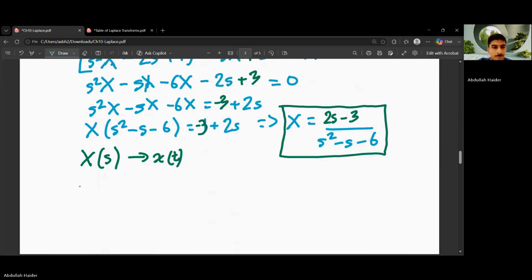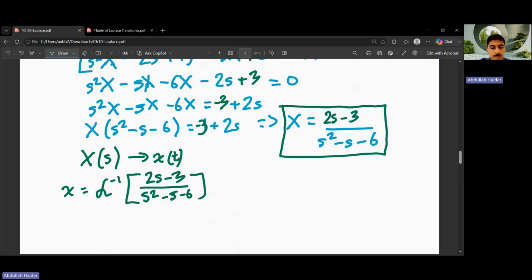Now, if I take the inverse Laplace of both sides, I'll have small x equals inverse Laplace of 2s minus 3 over s squared minus s minus 6.